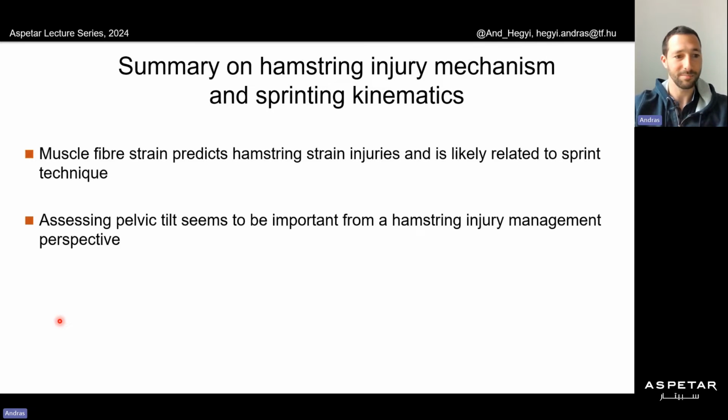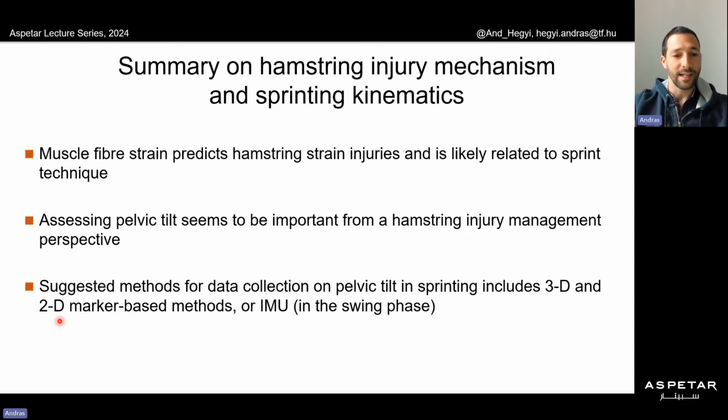That's my suggestion at this point. Suggested methods for data collection on pelvic tilt in sprinting include 3D and 2D marker-based methods, or IMU, at least in the swing phase, which is the most interesting from a hamstring injury perspective. It seems to be a valid method.